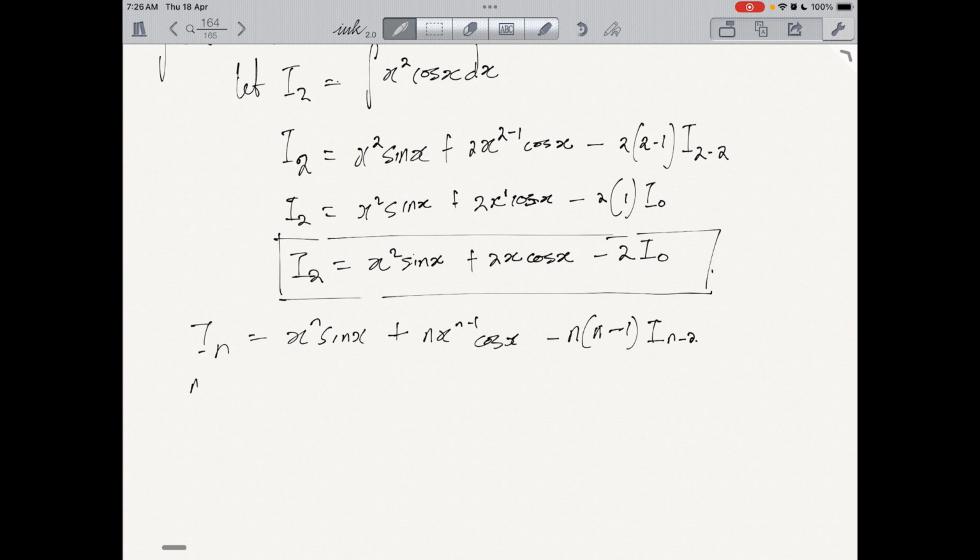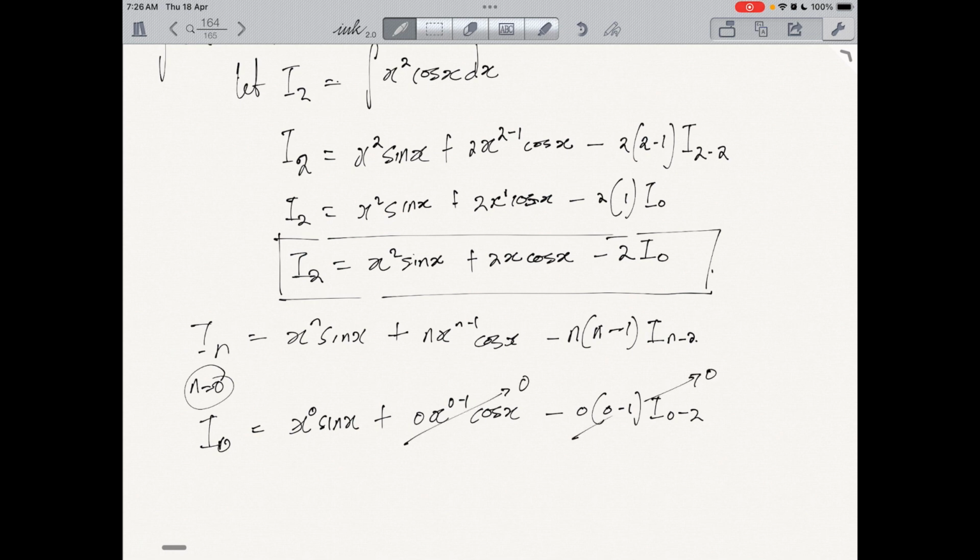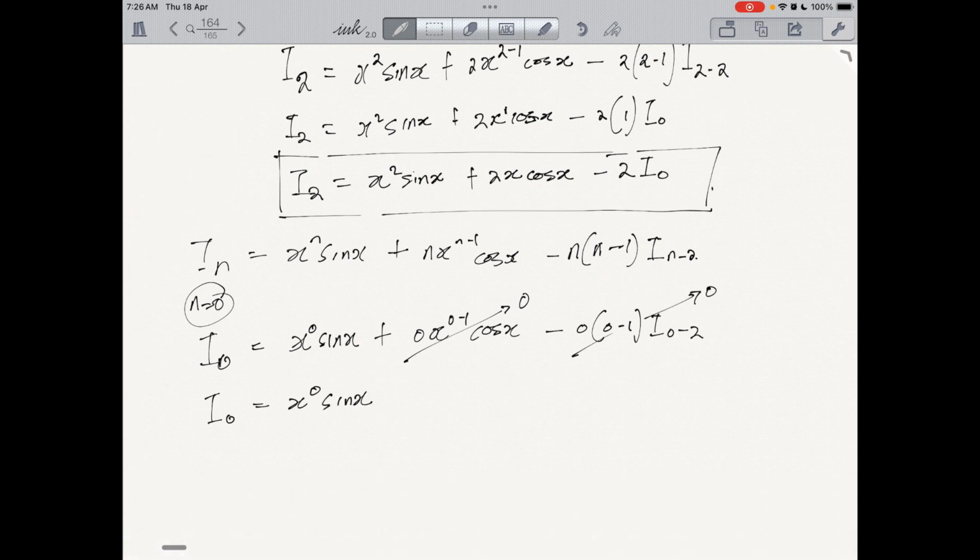So when n is equal to 0, we'll evaluate that I_0 is equal to x raised to power 0 sine x plus 0 x raised to power 0 minus 1 cos x minus 0 into 0 minus 1 I_0 minus 2. Now this nullifies to give 0, likewise this. Therefore, our I_0 is x raised to power 0 sine x. And anything raised to power 0 is 1. Therefore, I_0 is equal to 1 multiplied by sine x, which is equal to what? Sine x.